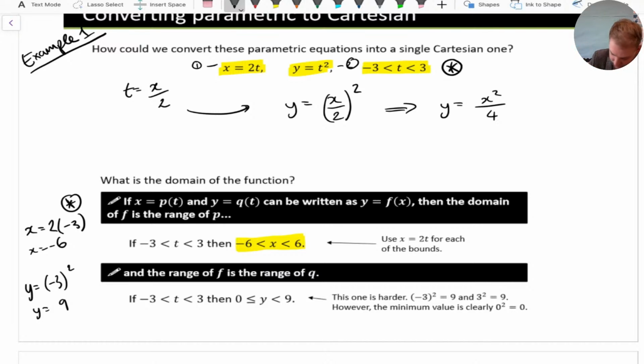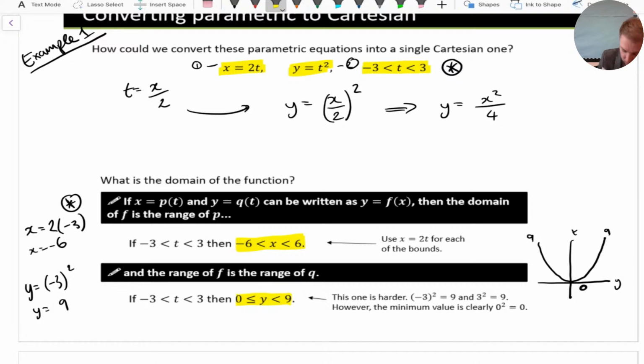I'll do a little sketch of it. If this is y and this is t, this is what the graph of y equals t squared looks like between -3 and 3. It starts at 9, continues to 9, but the minimum point is 0, isn't it? So actually the range is going to be between 0 and 9.